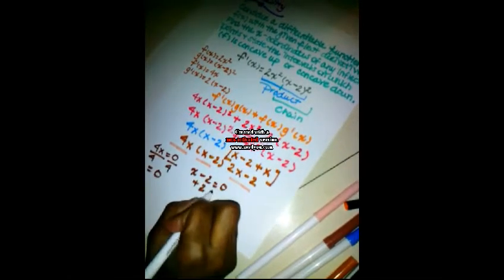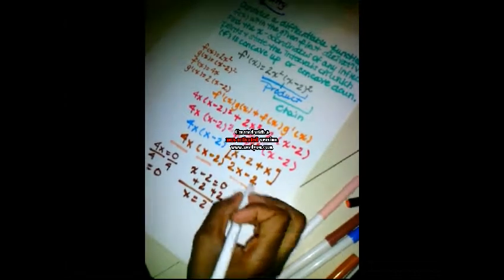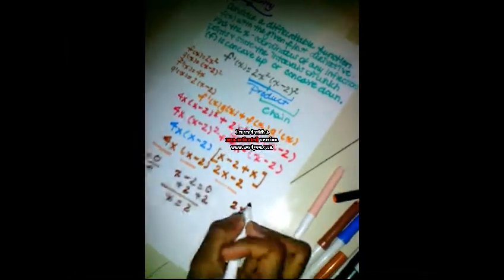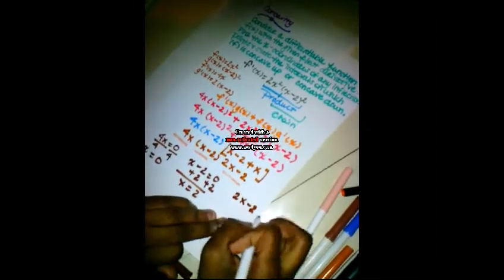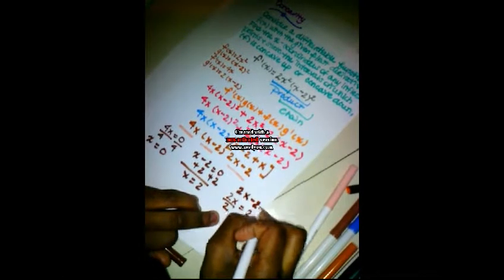Add 2. X equals 2. 2x minus 2 equals 0. So 2x equals 2. Divide by 2. X equals 1. So you have your critical points, which are 0, 1, and 2.